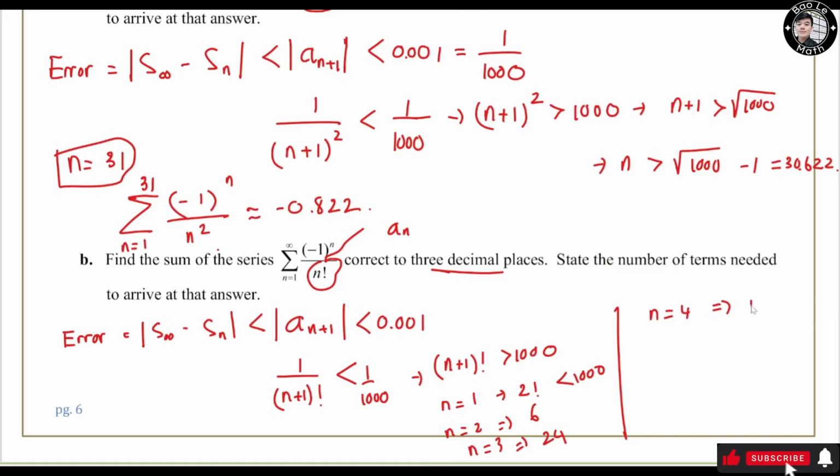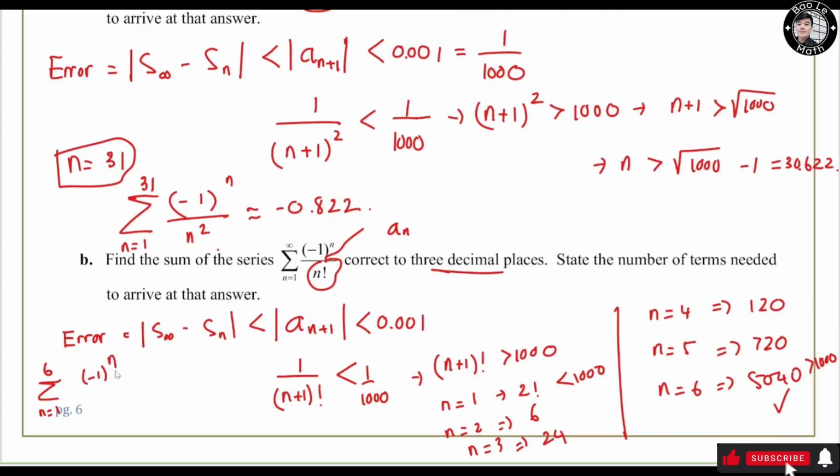It could be 120. It doesn't work. N equals 5. We have 6. It could be 720. N equals 6. It could be 5040. So this one greater than 1000, right? So this one works, right? So n equals 6.